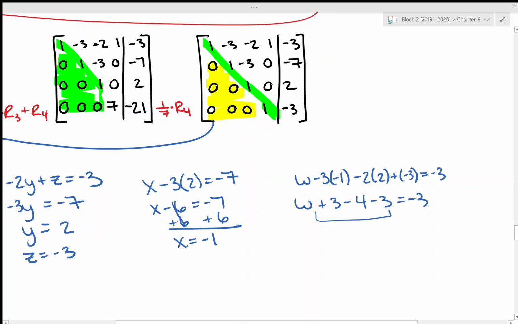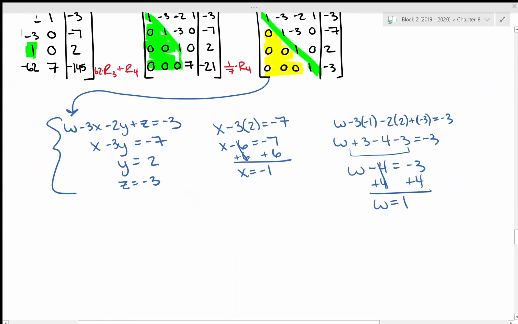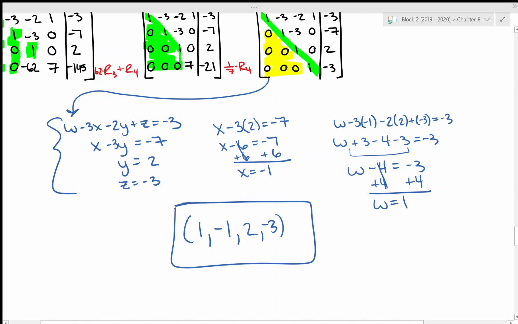When I combine this, I get w minus 4 equals negative 3, and I add 4 to both sides, and I get a w of 1. So my final answer is going to be w, x, y, z: 1, negative 1, 2, and negative 3. I hope you guys got that too.